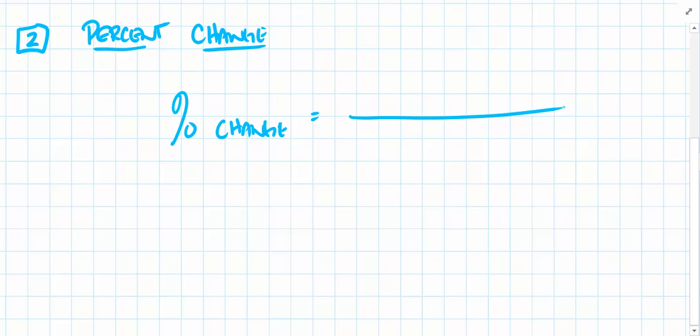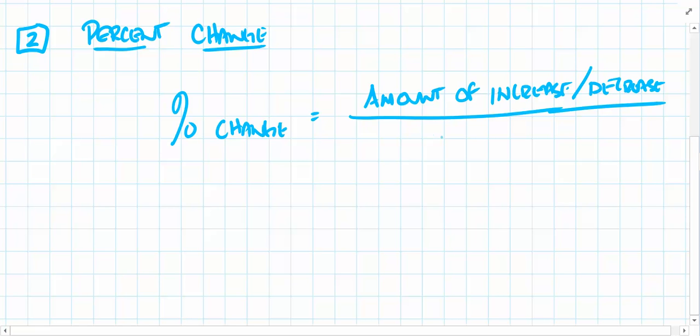And the ratio is, the numerator is the amount of change, the amount of the increase if you're having a percentage increase, or a decrease if you have a percentage going down, divided by the original amount.